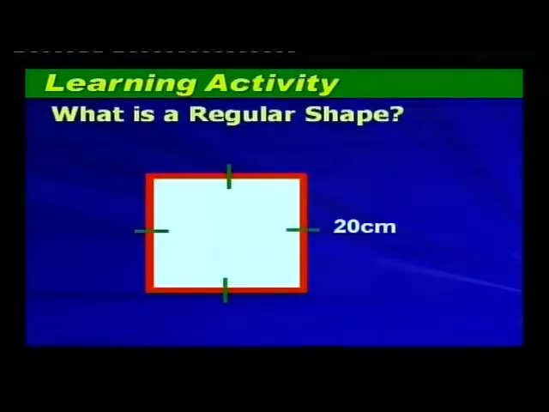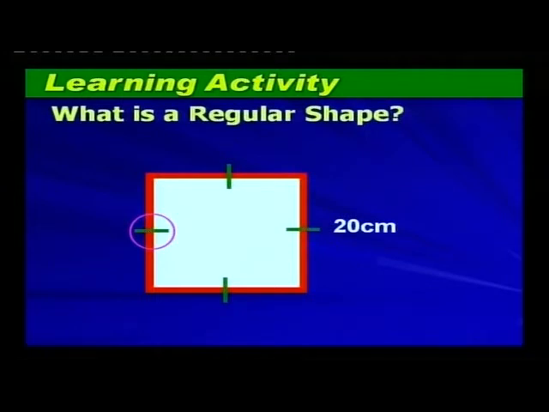Now, because a square has all its sides the same, we have this kind of symbol placed on all 4 sides. That is another way of showing that all sides are equal.